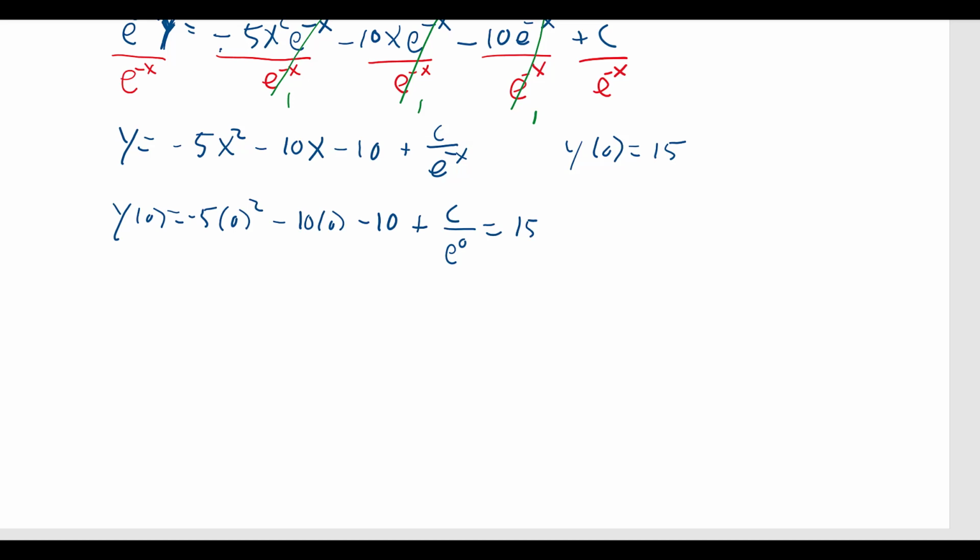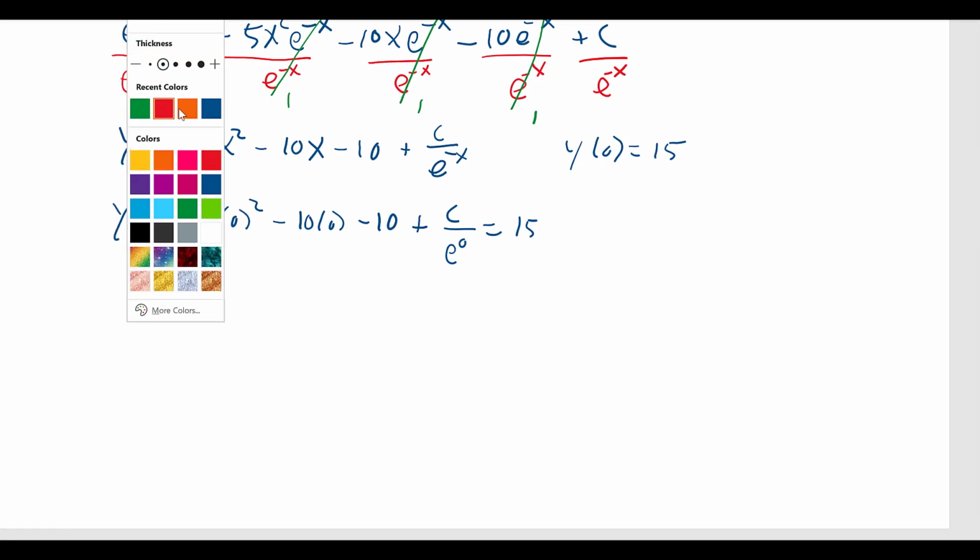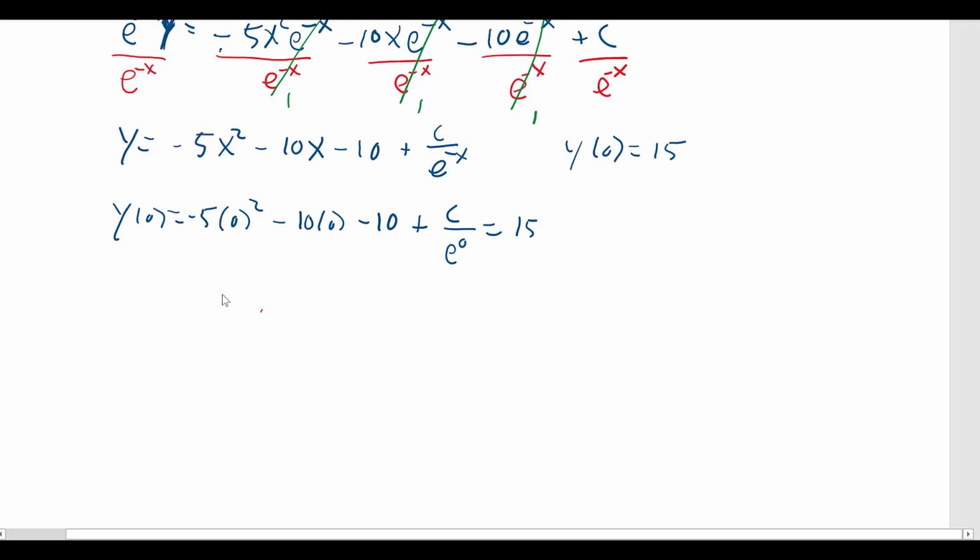So we end up with obviously 0 there, 0 there, and then we have negative 10 plus, e to the 0 is 1, plus c equals 15. So we can add 10 to both sides. So c must be 25.